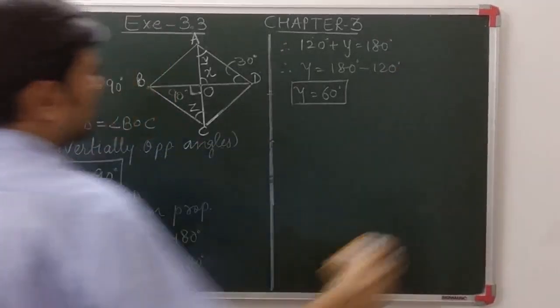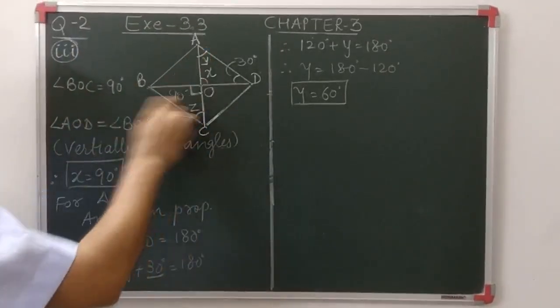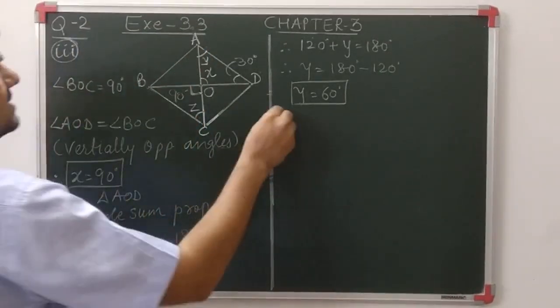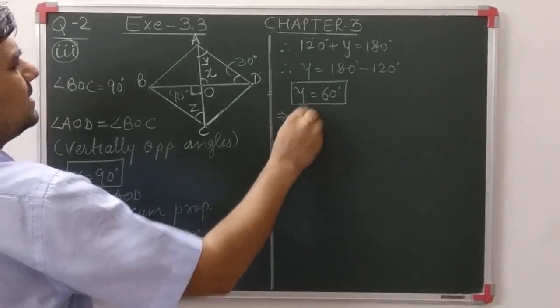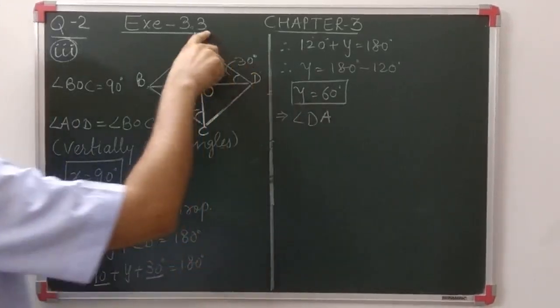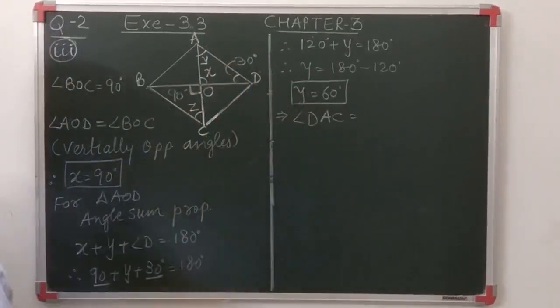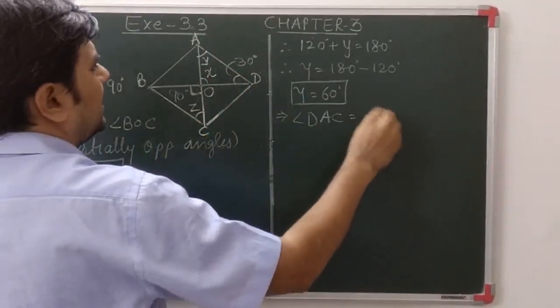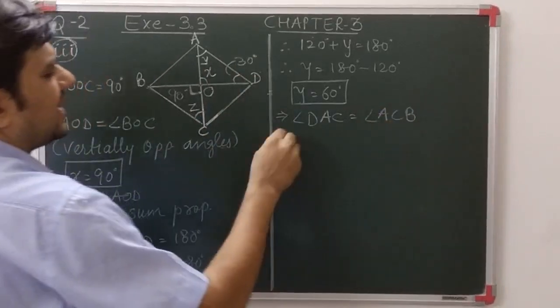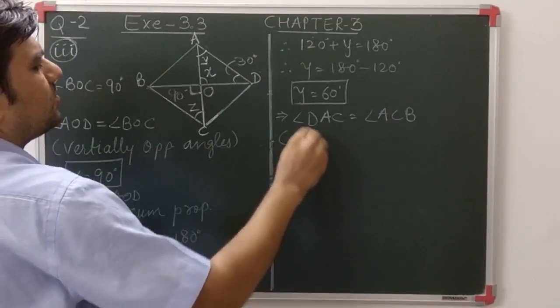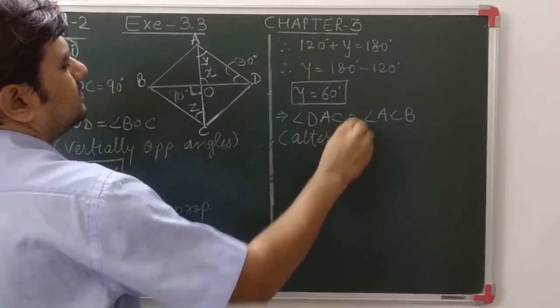See students, we cannot write directly that Y is same as Z. You have to write down the reasons. We'll write angle DAC, अगर आप सीधा Y equals to Z लिखोगे और reason लिखोगे तो भी चलेगा. And angle ACB, we'll write the reason. They are forming a pair of alternate angles.